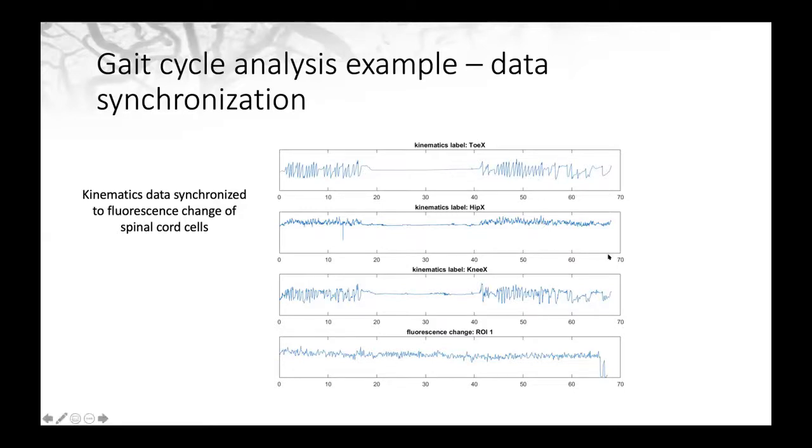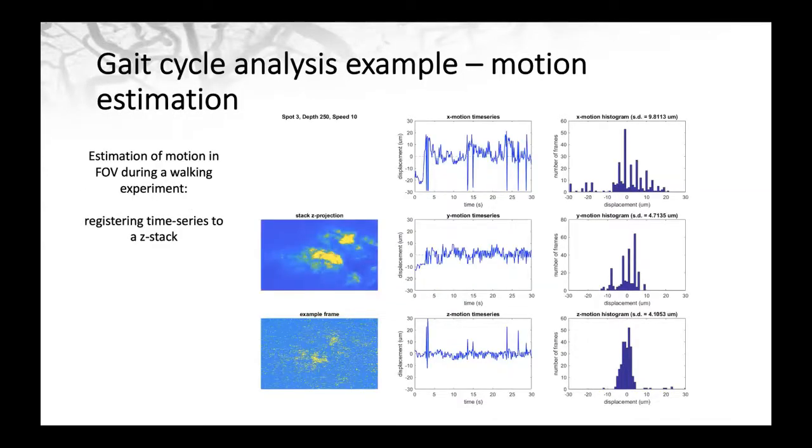Matt Isaacson is developing this part of the pipeline. He extracts the toe, hip, and knee coordinates, and does an initial pass to correlate that with fluorescence change at a particular ROI. In addition, we can bin the different gaits based on where the toe coordinate is.